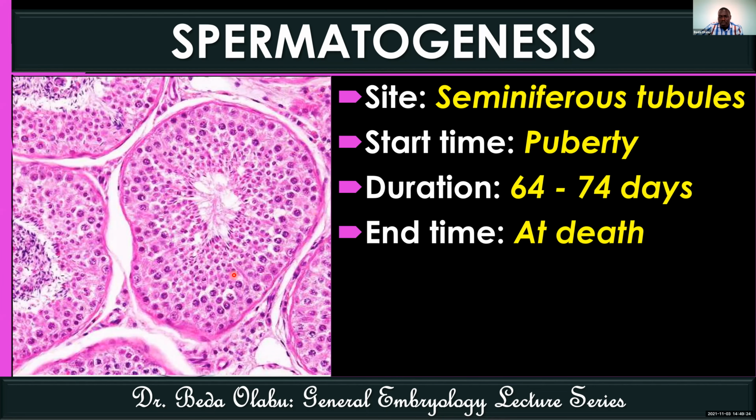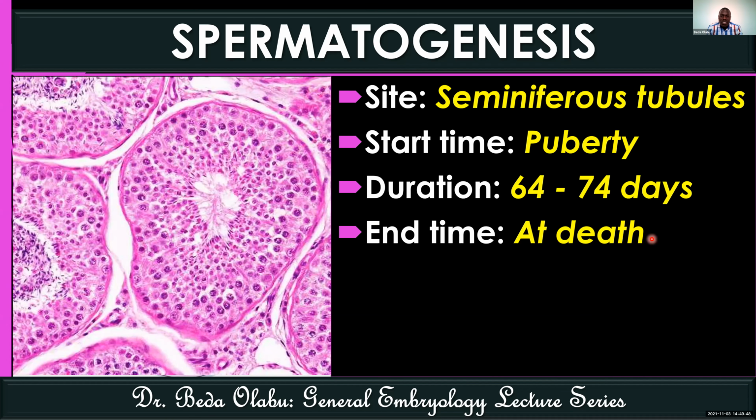The process of spermatogenesis ends when the man is dead. Only death separates men from spermatogenesis, someone said, and I'm quoted. Anyway, spermatogenesis continues throughout life. That's the point I'm passing across.